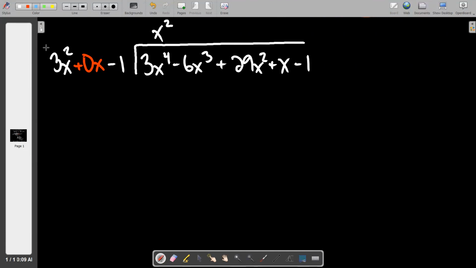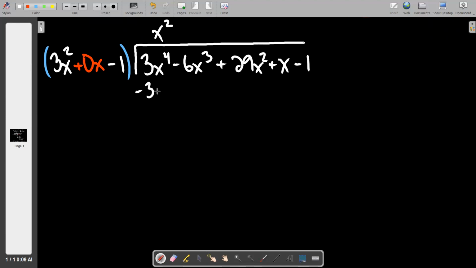I'll make my parentheses blue again. What you have to do every time you fill in part of the quotient line is distribute through the blue parentheses. I hope it's 0x to the 3rd, for the record. You'll see again why it's important that we have it there. As we distribute through the blue parentheses, what do we get first?